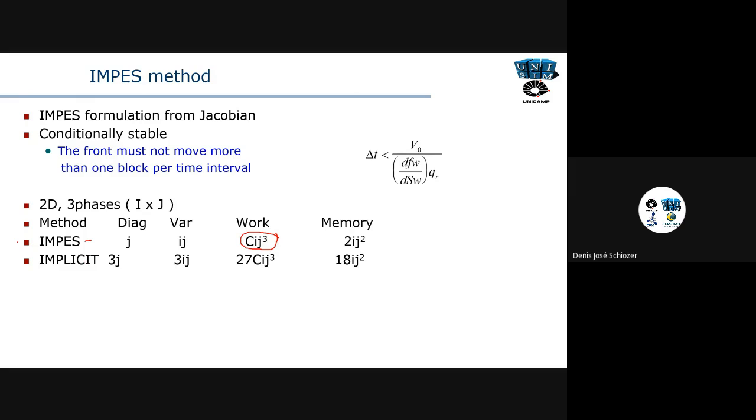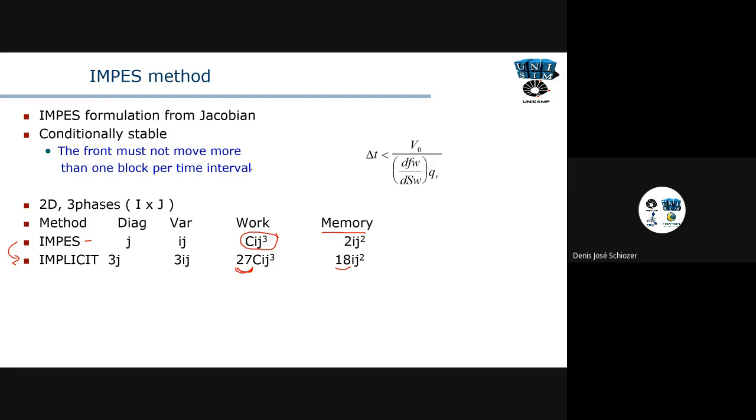If I go to the implicit solution, it's 27 times more calculations to do than the explicit. So that's why the implicit normally is faster. And I have a memory that has to be 9 times higher than the one, okay?